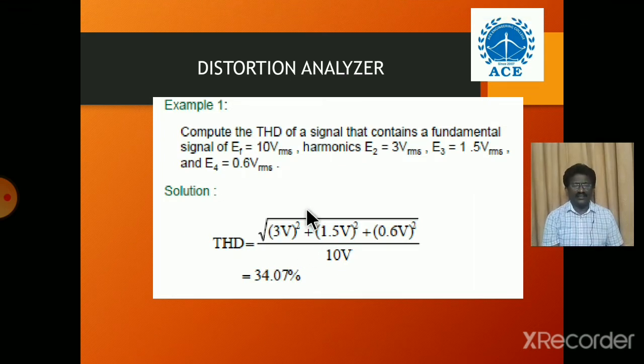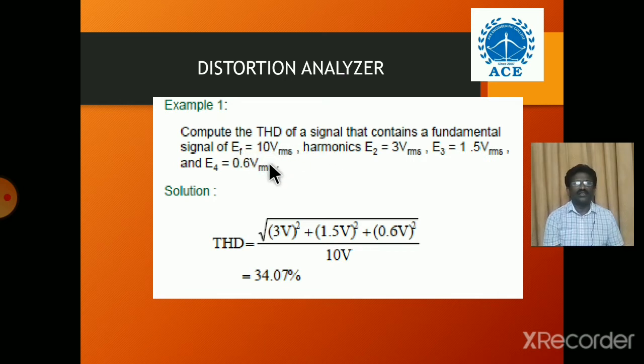I will give one example. Compute the THD of a signal that contains a fundamental signal of 10 VRMS, and harmonics E2 equal to 3 VRMS, E3 1.5 VRMS, and E4 0.6 VRMS. Here we have taken only 3 harmonics and EF equal to 10 VRMS.